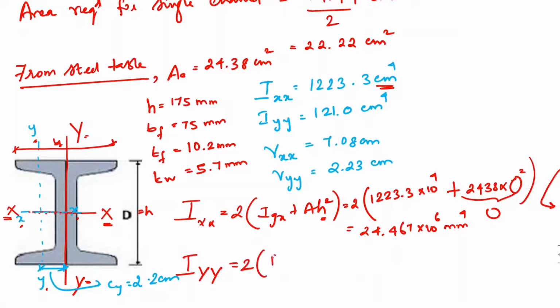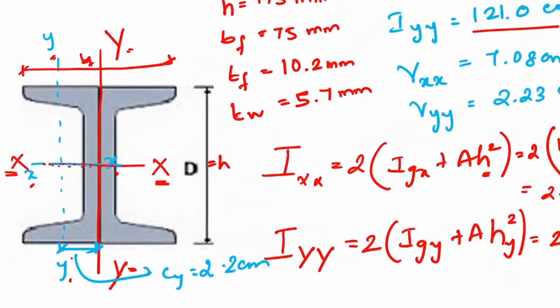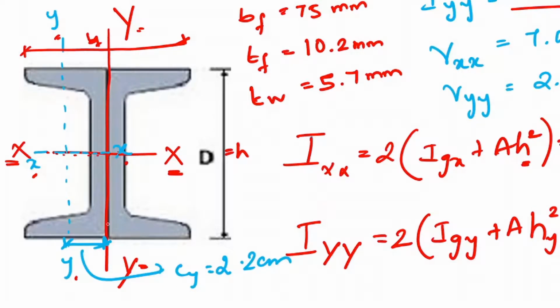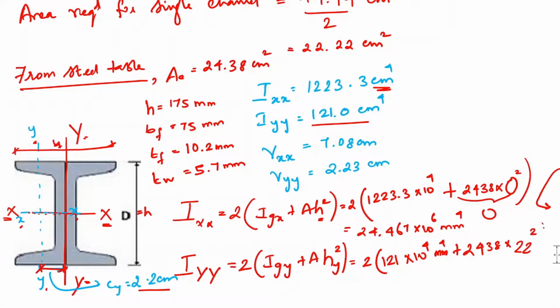Again, we have to follow the same equation, IGY plus A h_y squared. The moment of inertia of a single channel about axis YY is 121 cm^4, so 121 into 10 to the power 4 mm^4 plus A h squared. The area of the member is 2438 into h_y. Here h_y is the distance between the local and global axes along the y direction, which is 2.2 centimeter, that is 22 mm. So here h is 22 mm, 22 squared.